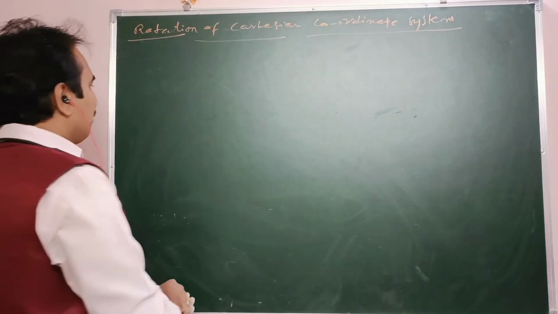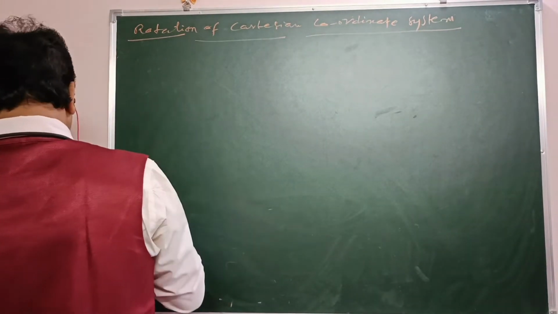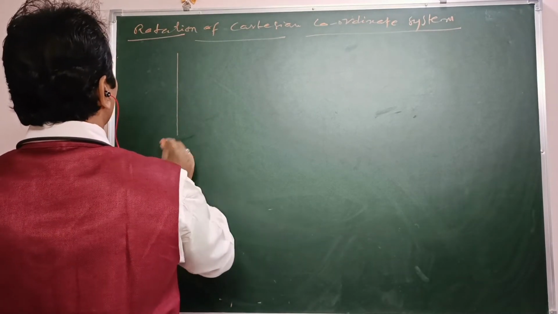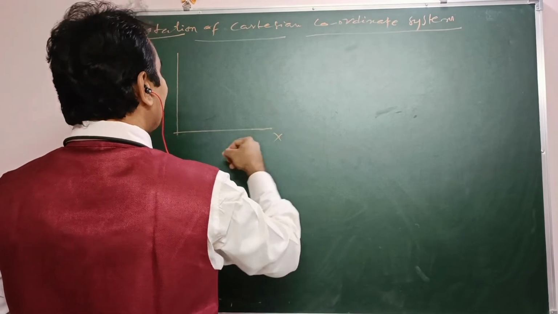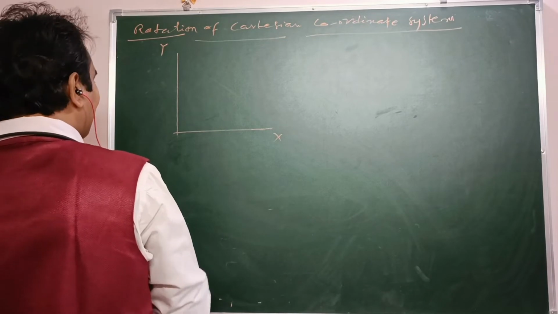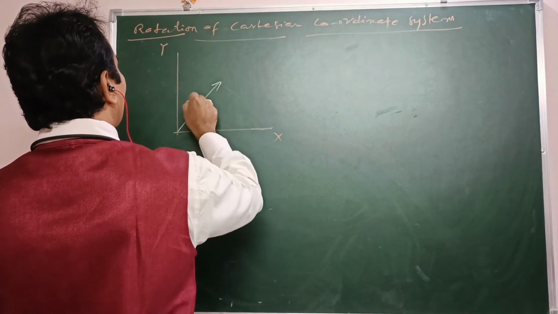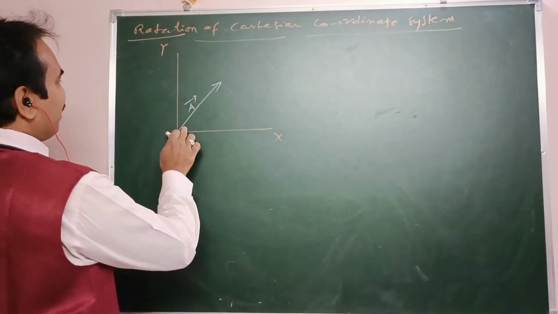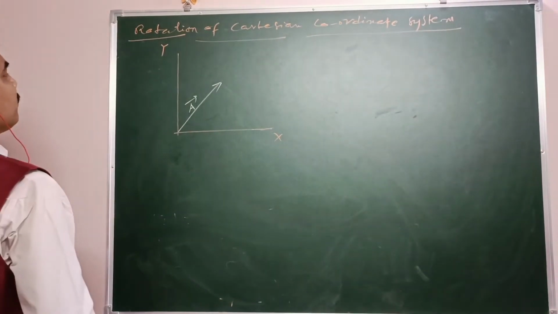For example, this is the x axis and this is the y axis. Now the given vector is like that. This is the given vector a bar. The angle made by a bar with x is some angle theta, whatever it is.